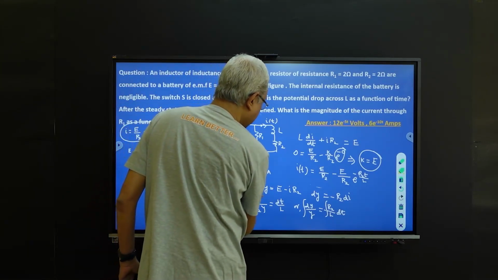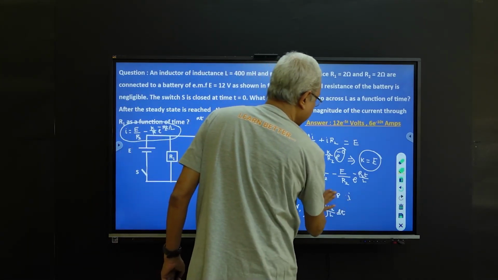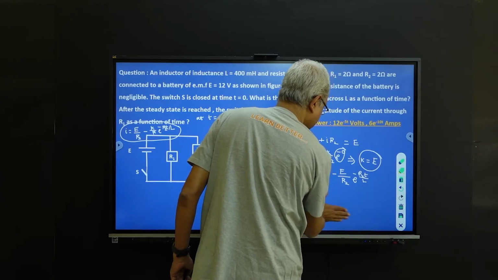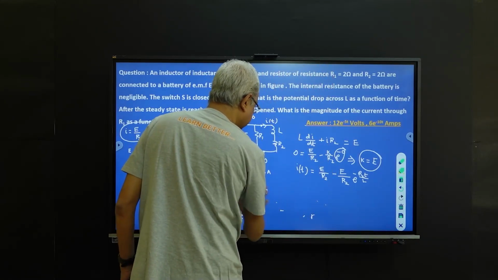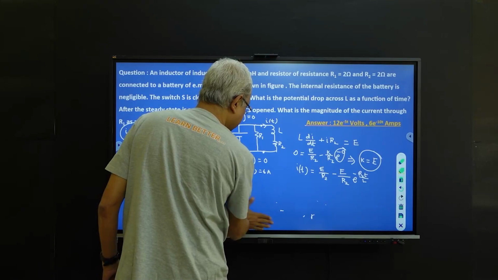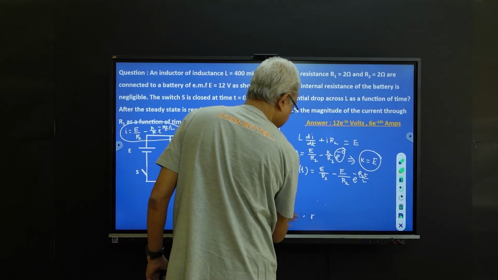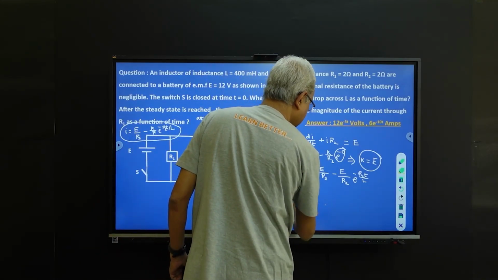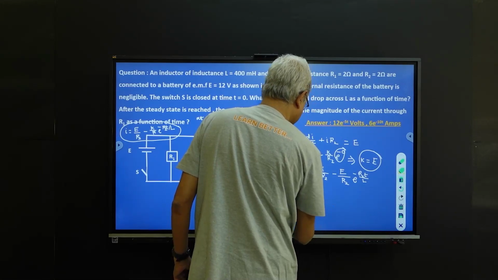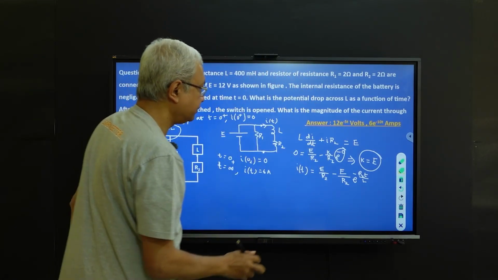So finally I got this expression: I(t) equal to E/R2 minus (E/R2) e to the power minus R2 t/L.